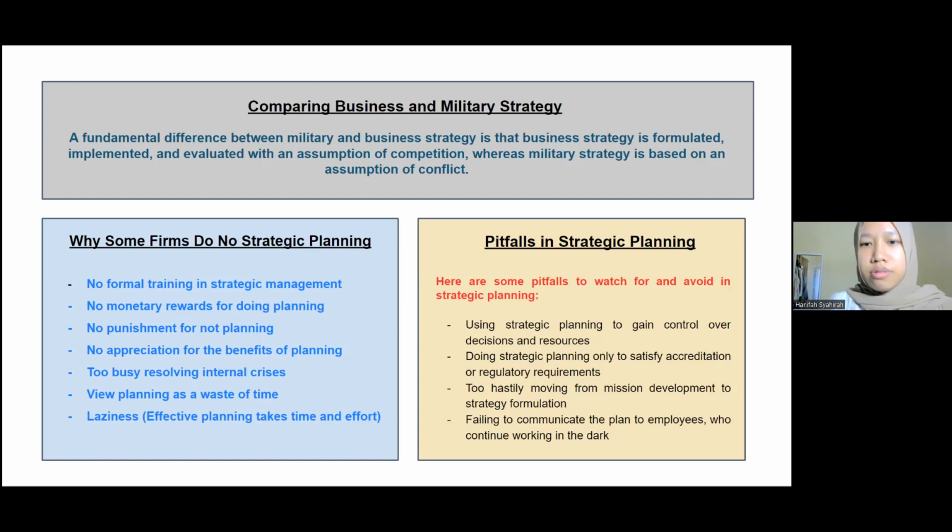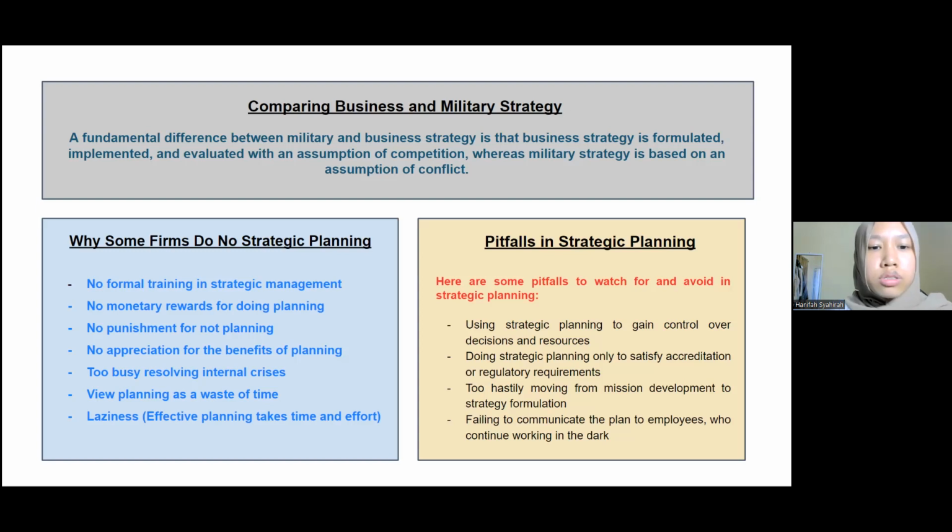And for the military strategy, the main thing they analyze is the assumption of conflict. In the military strategy, they are more focused on the conflict that might happen between one country and another country, and on how to win the war. That is about the military strategy itself.